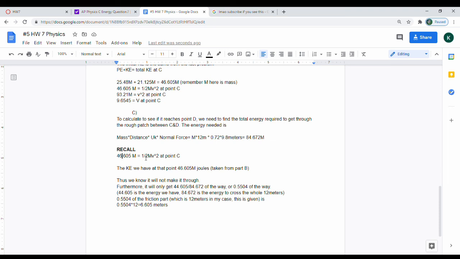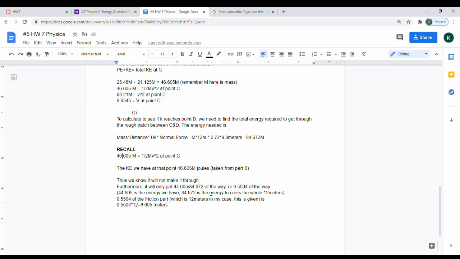If it doesn't go through, you take the number that you do have at point C and divide it by the amount it needs to go through. In my case, it's about 55% of the way through, because since you have just about 55% of the energy, you'll get about 55% of the way through.